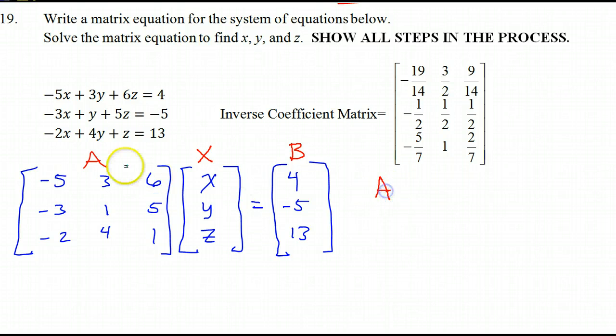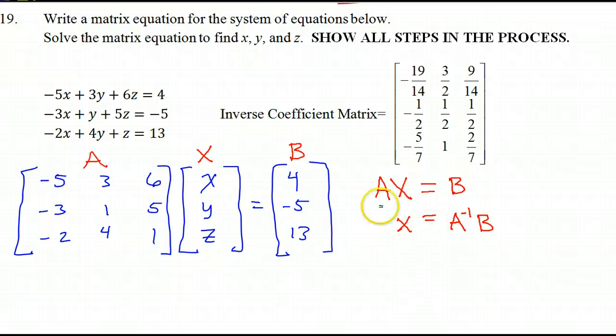You must also write this down. We labeled it so this could follow. What we have here is A times X equals B, so just write that down. If A times X equals B, then X equals A inverse times B. I'm saving you a lot of work by allowing you to simply label the matrices and then show your work symbolically.